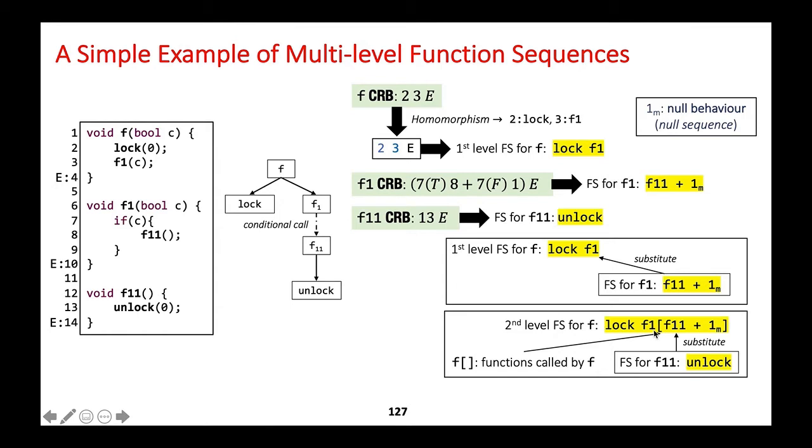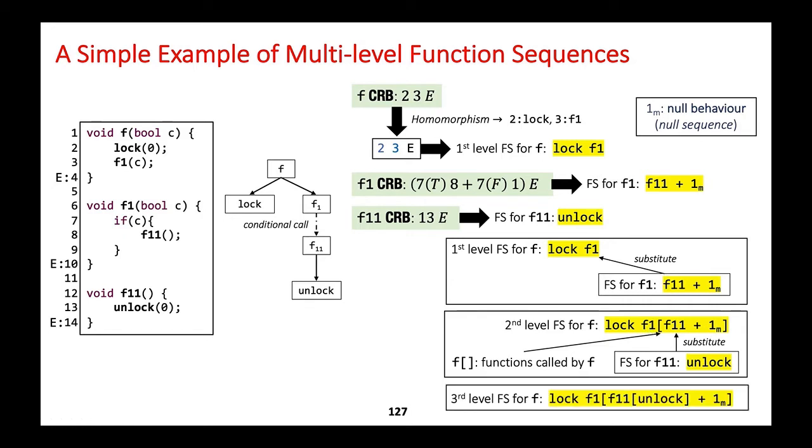So the notation square bracket is used to show that it's a called function. So F11 is a function called from F1. And by doing these substitutions, we eventually get the three-level function sequence for F. It is shown here.